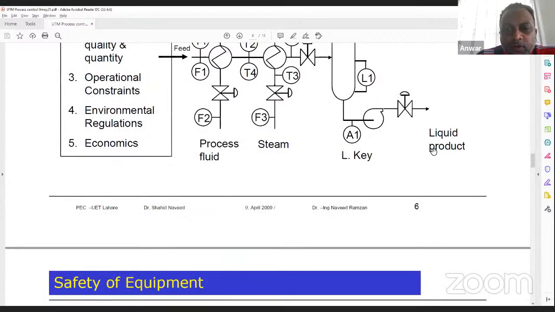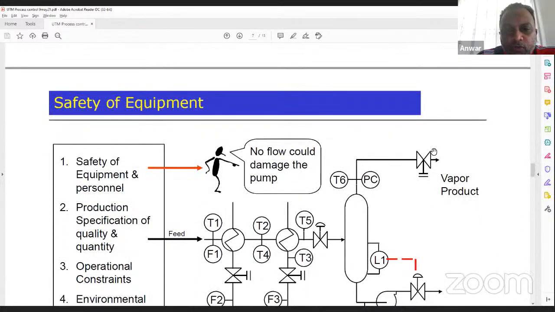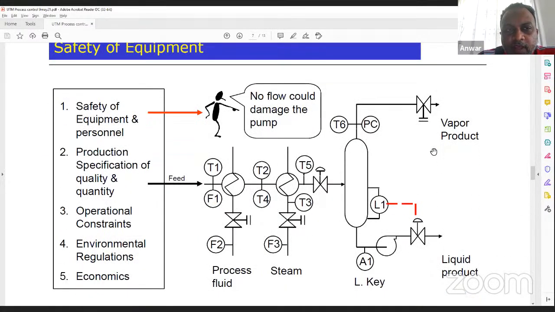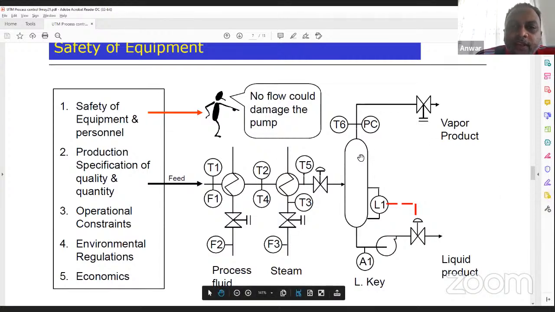Okay, so I will just go to the next example. The next example that I have here is also the same, in terms of safety of equipment and personnel. It says that no flow could damage the pump.